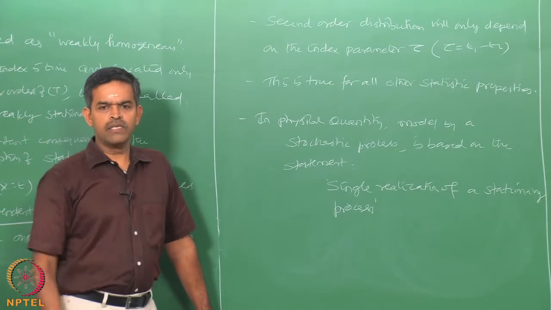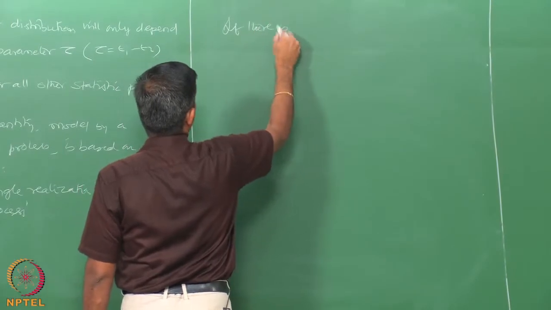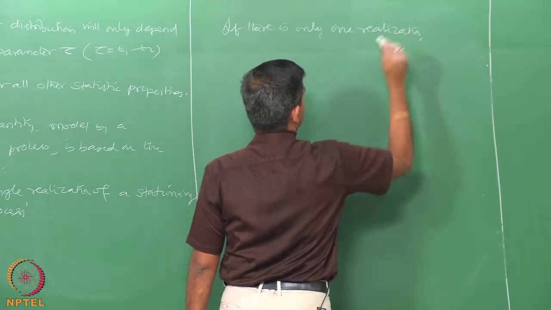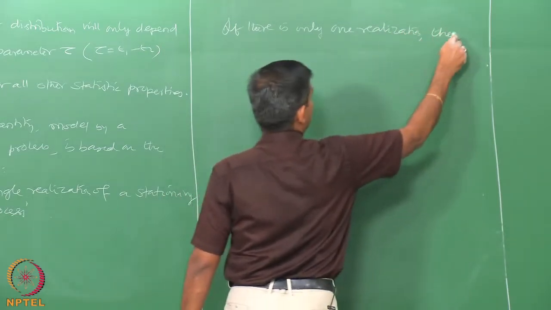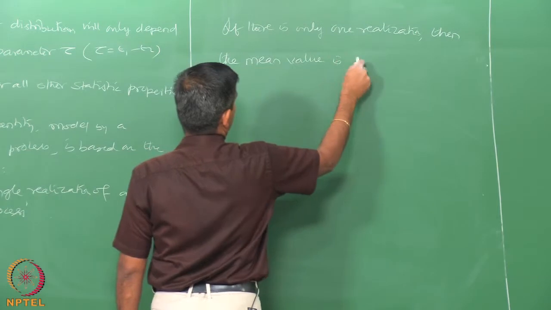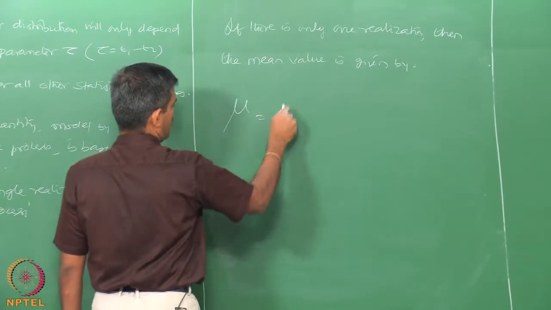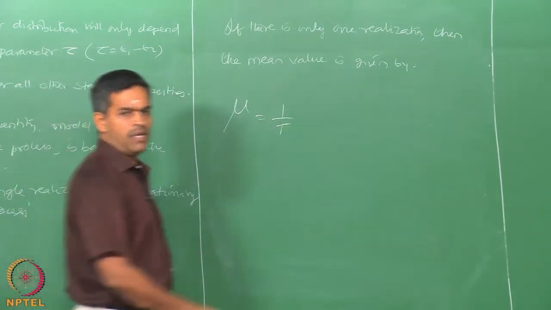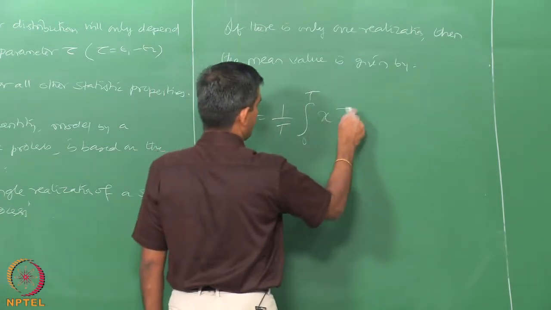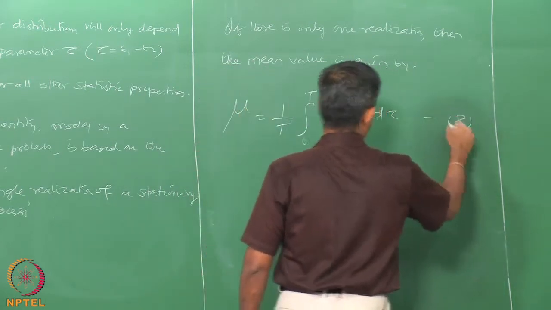If only one realization is at hand, then the mean value is very easy. So, if there is only one realization, then the mean value is given by the integral over the set t 0 to t of x of tau d tau, let us say equation 8.